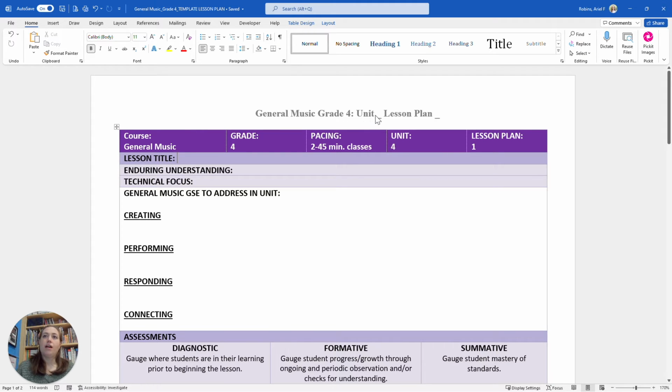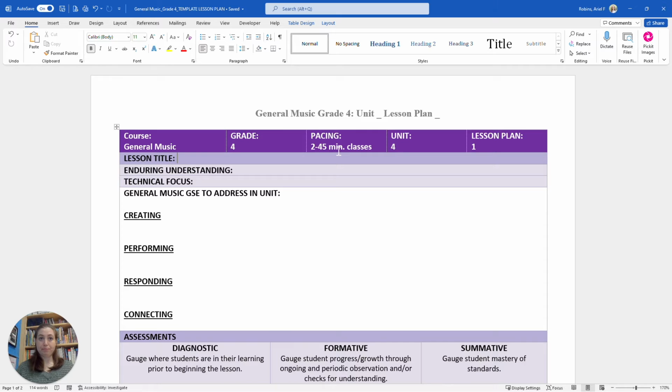So up here, we've got what unit and what lesson plan number. We've got our general information up here. And interestingly, this lists the pacing, and this specific default is two 45-minute classes. So I've seen different lesson plan templates where it's really more of an overall unit plan, and the pacing is kind of fluid on which step in the procedure each individual class ends on.